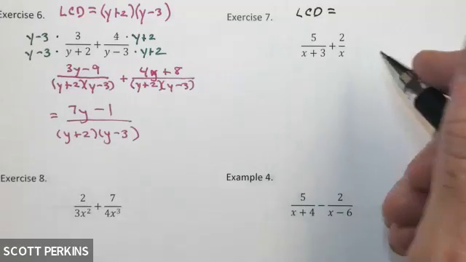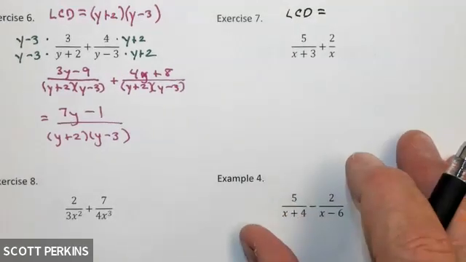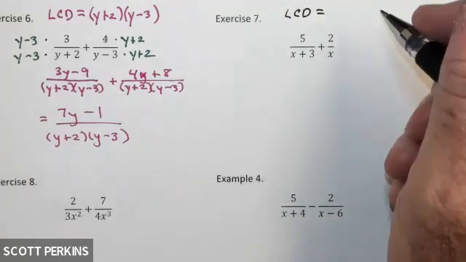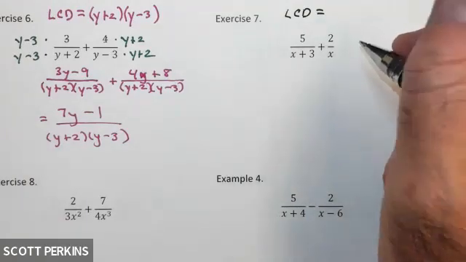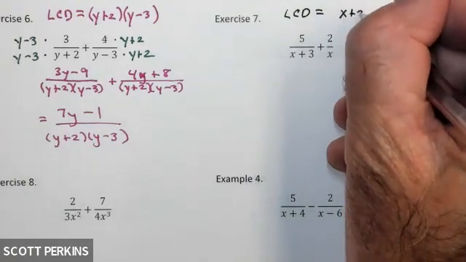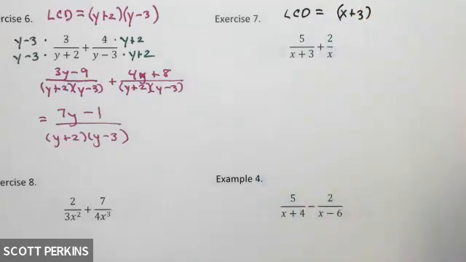All right, so I've got my 2 fractions. I asked you to identify the least common denominator. What's one of the factors that I need in my common denominator? Yep, x plus 3, that's fantastic. What else do I need?